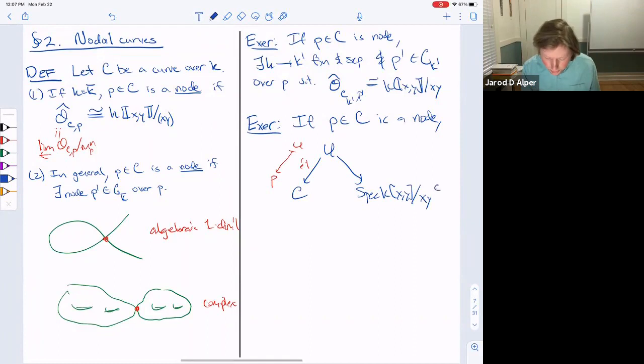This is just the plane curve sitting inside A2, which is the union of the two axes. And you could find an étale neighborhood here such that this point U goes to the origin in A2.